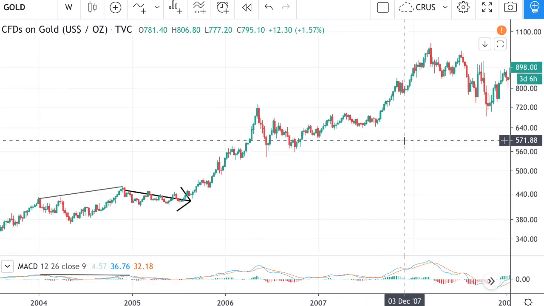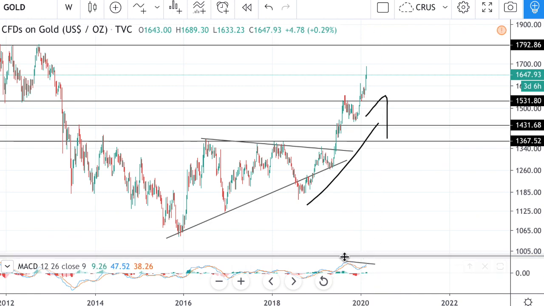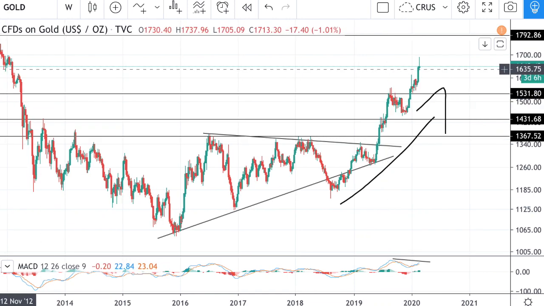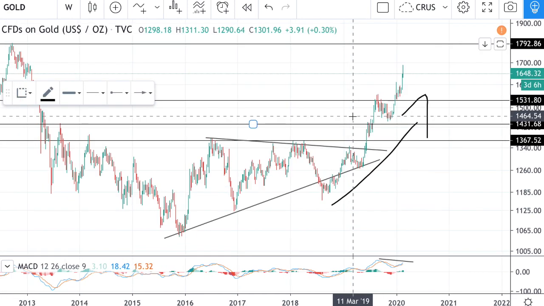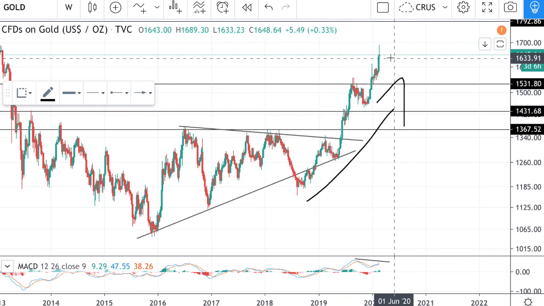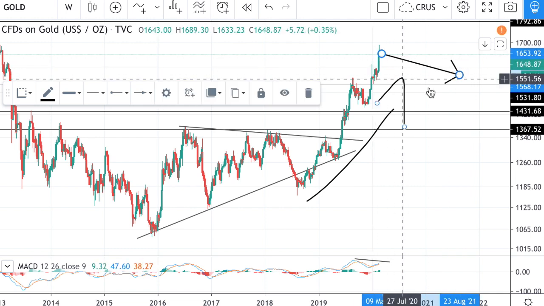And considering we are currently seeing divergence on the weekly chart, we'll see how this plays out. But again, a small consolidation within the next few weeks is definitely not out of the question. We could see a consolidation in time and price.